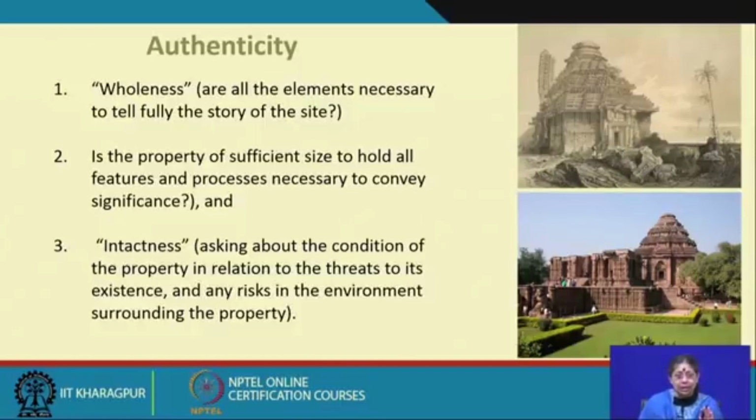They are keeping the main part as it is, because it has collapsed, and the other parts are there either with roof or without the roof, in whatever form they were found, and the relationship with the site and everything has been kept as it is. Konark is a very good example of authenticity and how it has been preserved by the Archaeological Survey of India.